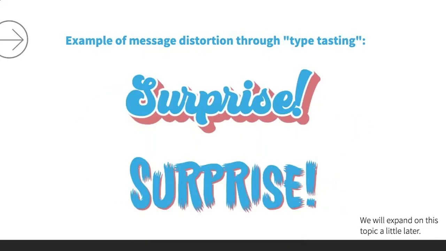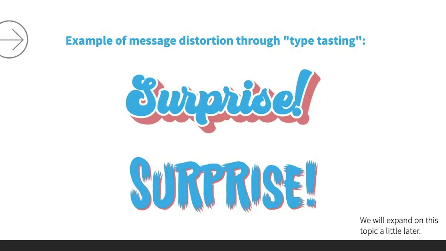Message distortion through the use of fonts. I can't take credit for this because I learned it from somebody else. This is something called type tasting. So what I would like you to pay attention to is the emotional reaction that you get when you look at these words.